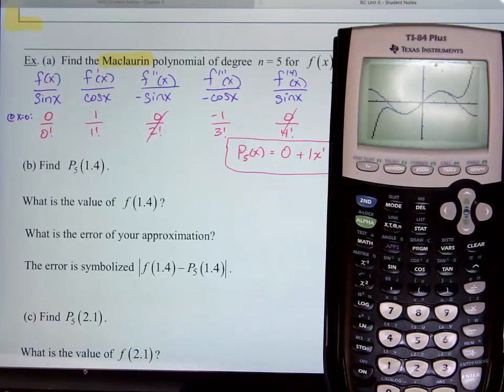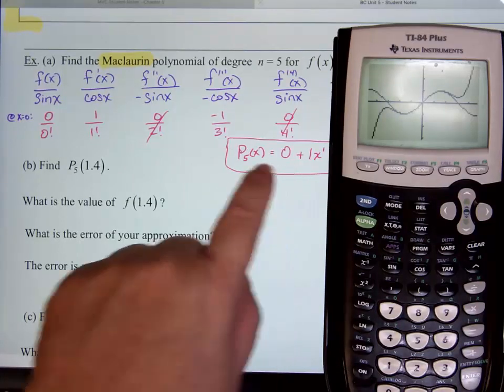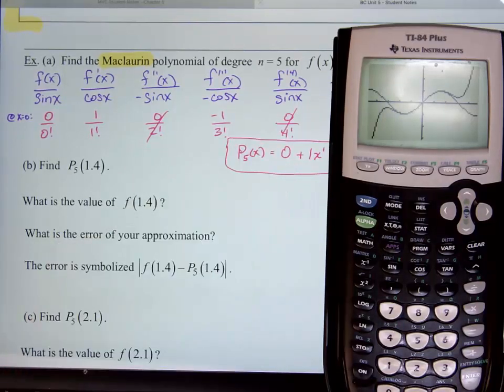And it's much easier to find something like the sine of 0.2 by plugging it into the polynomial than it is to plug it into sine. This was very beneficial back in the day before they had calculators to do math. This is how they estimated sine values that were not 30 and 45 and things like that. So notice that they are almost exactly the same graph around 0. That's where we're talking about.